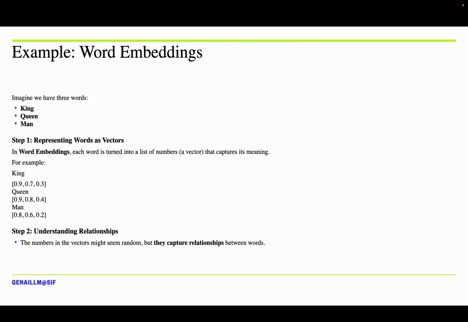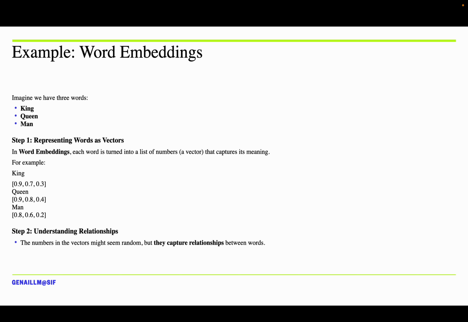I will show you two examples. One is simple, for word embedding, and the other is for real problems, like recommendation systems. Suppose there are three words, king, queen and man. This is a very common example, but I am taking it because you might have gone through it many times, and it will be a revision.